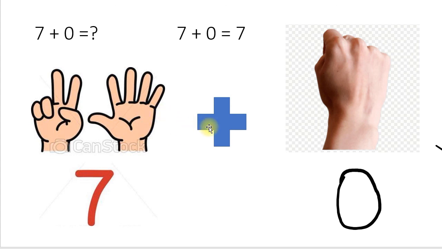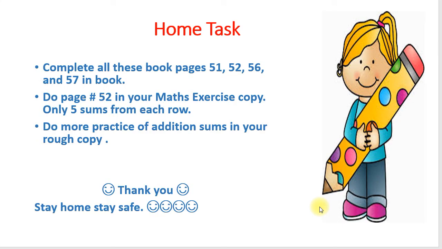Now you have to add 0 to it. What is the answer? For this you have no finger to add, so 7 is the answer. 0 means nothing. Okay, the rest of the sums you can do by yourself.